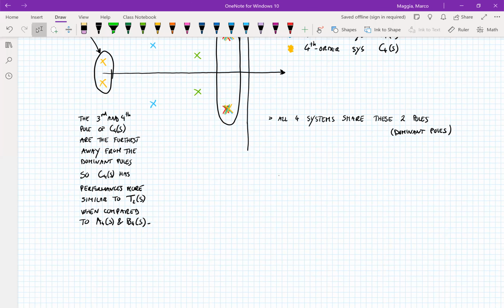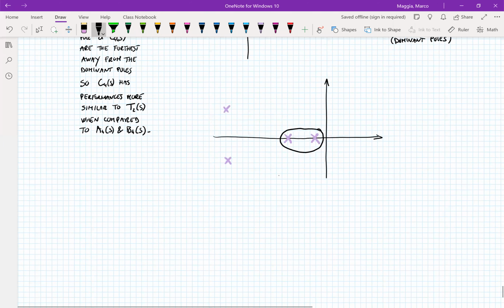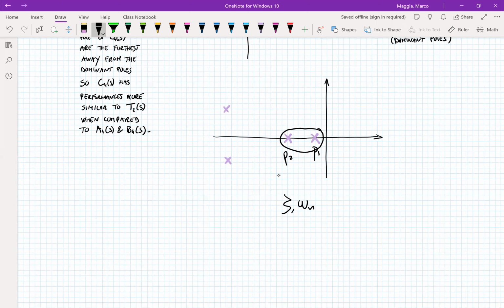One more thing, if you had a system whose dominant poles are not complex conjugate, but are real, so let's say that you had 1 pole over here and 1 pole over here, and then maybe other 2 poles here and here. Well, these 2 are still the dominant poles. So you can still use the location of P1 and P2 to find the damping ratio and the natural frequency.